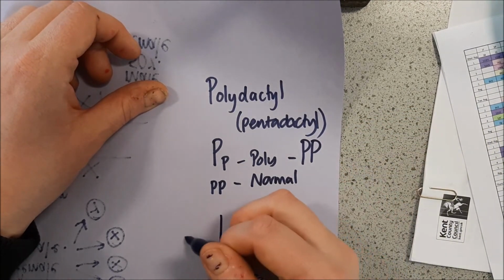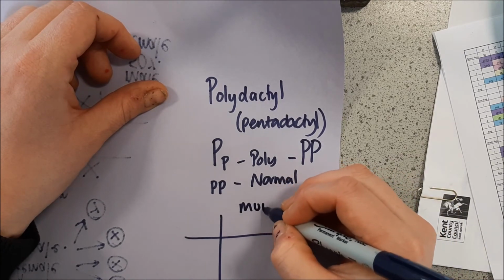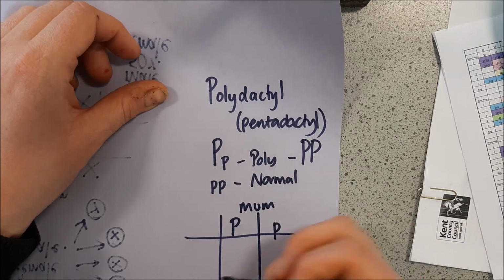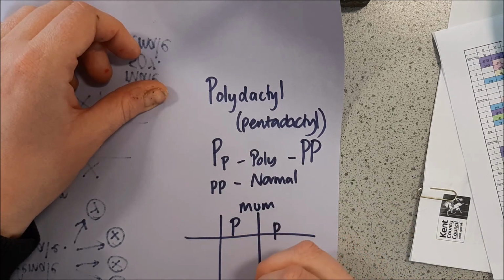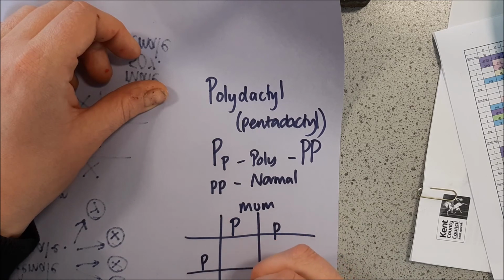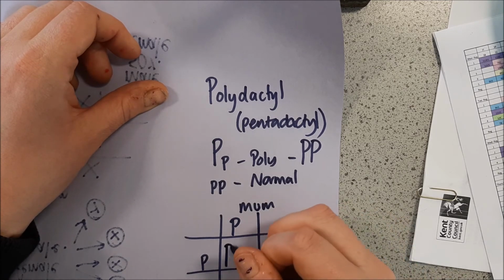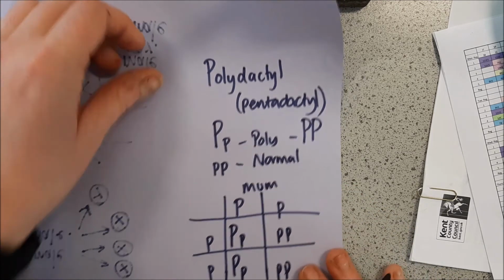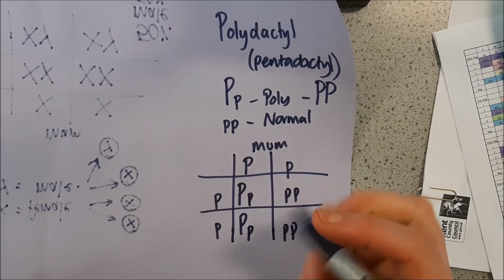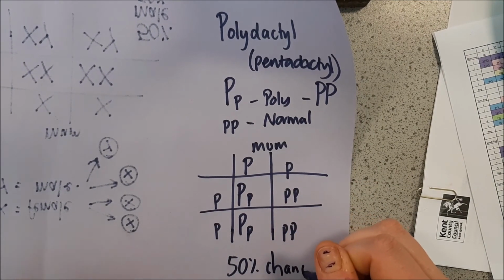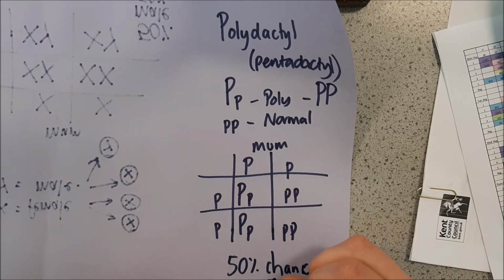So for example, if mum had polydactyly, so she had like 6 fingers on one hand, for example, whereas dad was normal, these children are the 50% chance of poly.